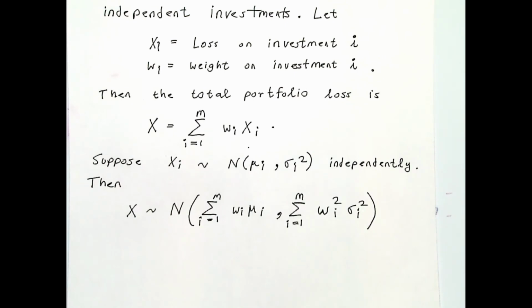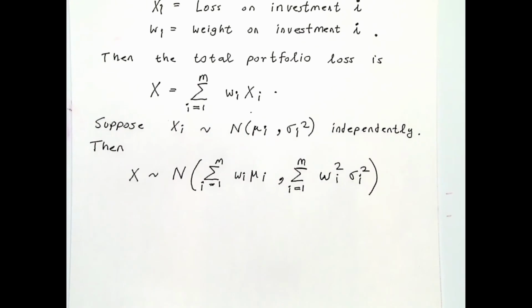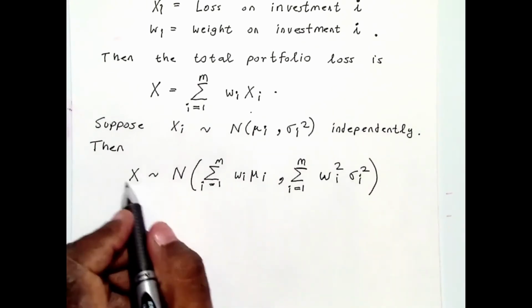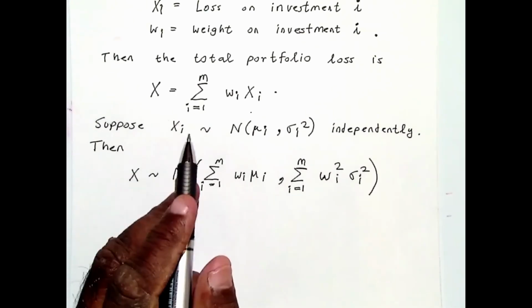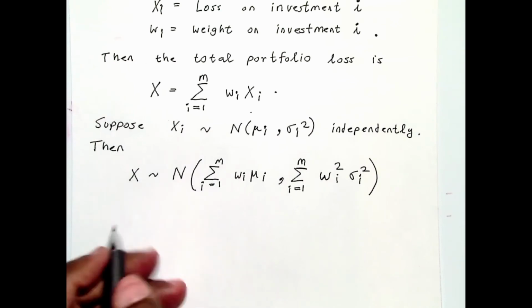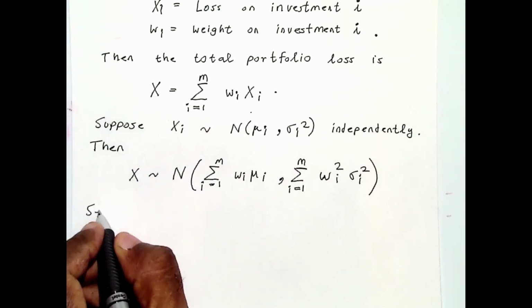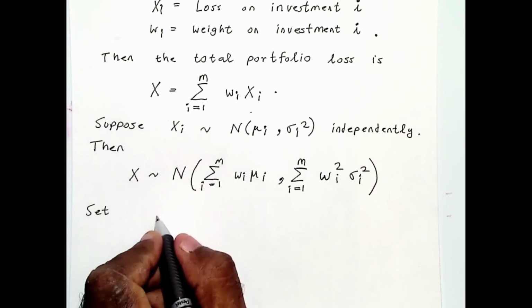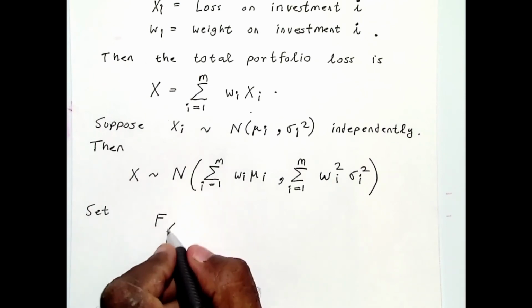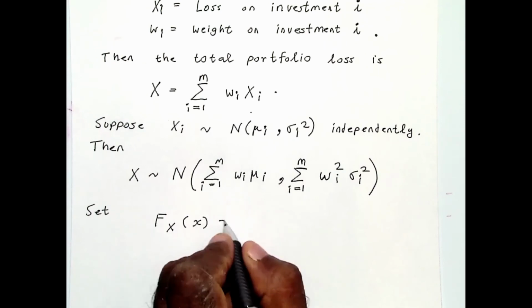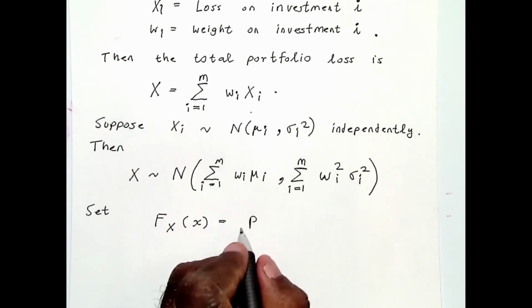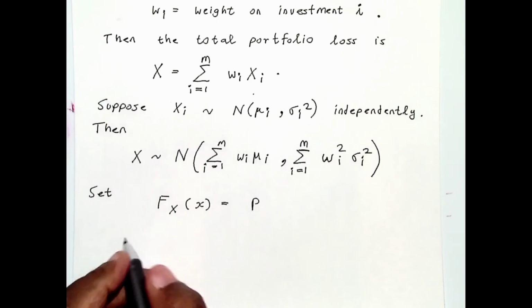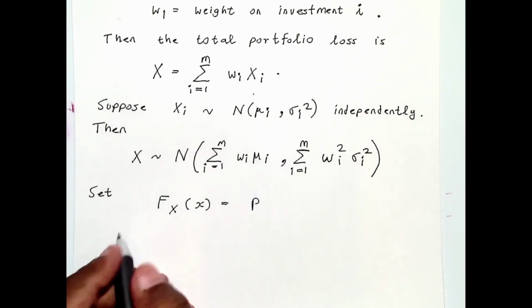Okay. Now let's see how we can find the value at risk for this variable x, which represents the total portfolio loss. So the first thing I'm going to do, as I said in the previous method, is set the CDF of x equal to p, and then solve for x in terms of p.